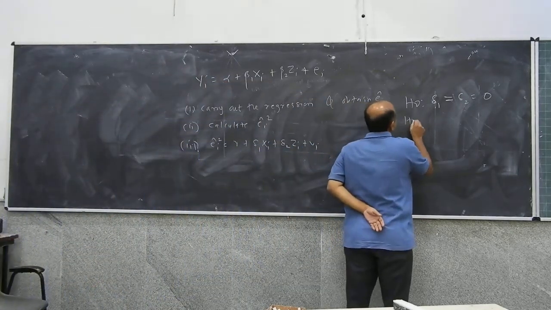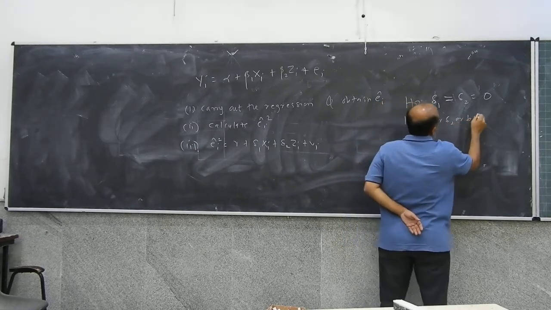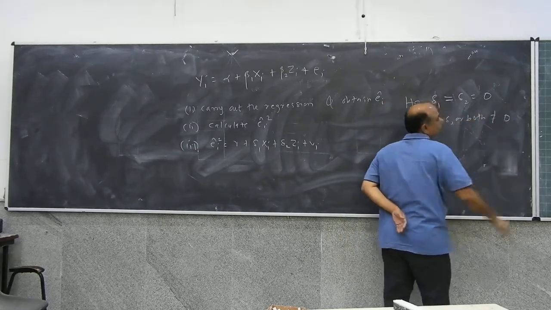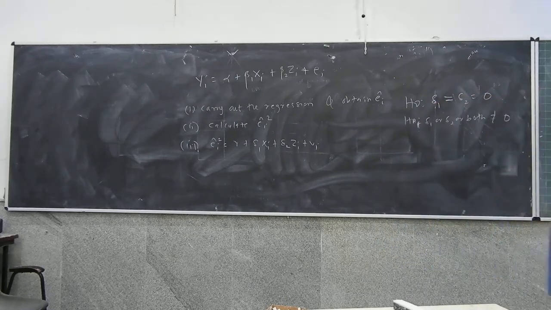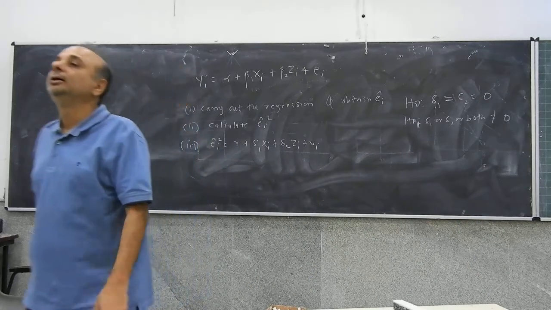Against the alternative that delta 1 or delta 2 or both are not equal to 0. Can somebody explain this to me? Why does the null hypothesis delta 1 is equal to delta 2 is equal to 0 mean there is no heteroscedasticity?